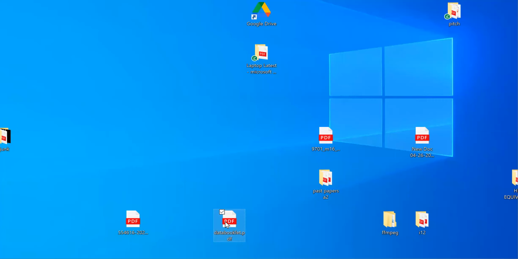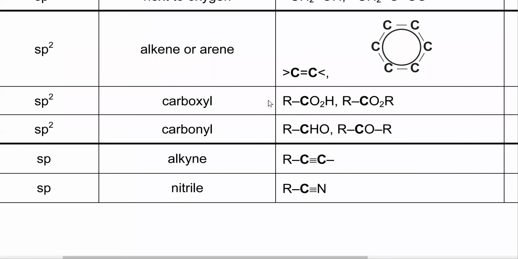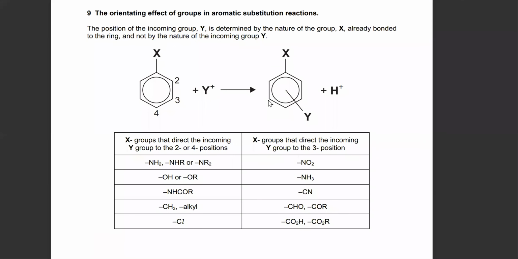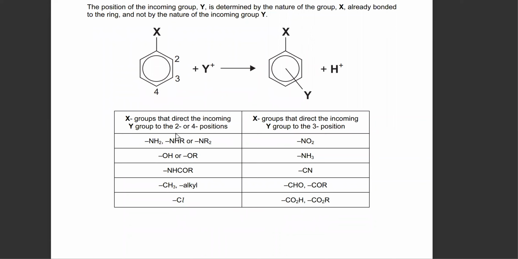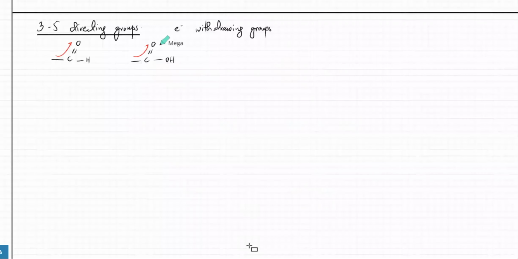So we can have a look at the data booklet and copy the complete table from that. So this one. This is the 3 position. This is the 2,4 position. So we can copy this table and just put it over here. Now the data booklet won't be there, so it's better to actually remember this.